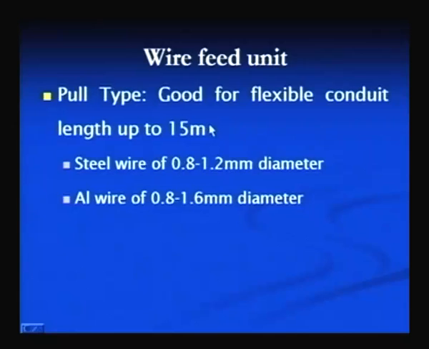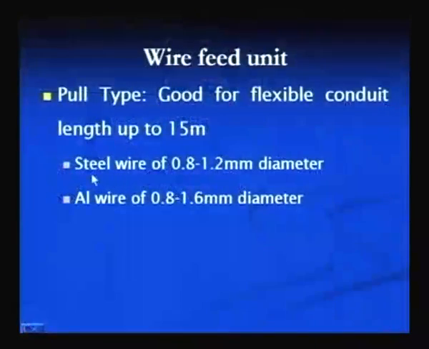So, that is a great advantage, particularly where longer cable lengths are required during fabrication. This type of wire feed unit is used particularly with steel wires of 0.8 to 1.2 mm diameters and aluminum wires from 0.8 to 1.6 mm diameters.